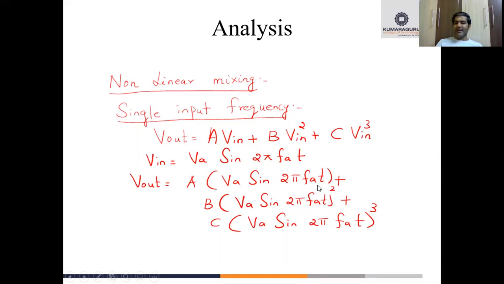You have components at FAT the whole square and FAT the whole cube. So when you give a single input frequency component FA at your input, your output has multiple frequency components.